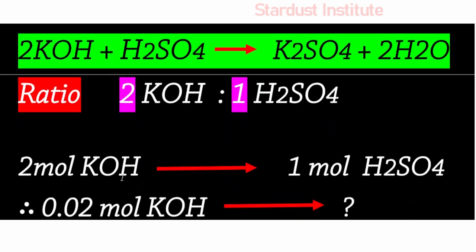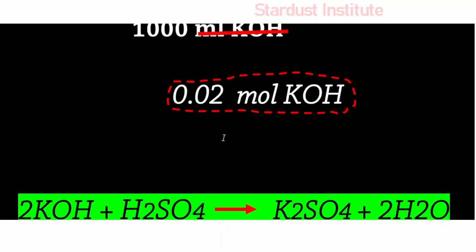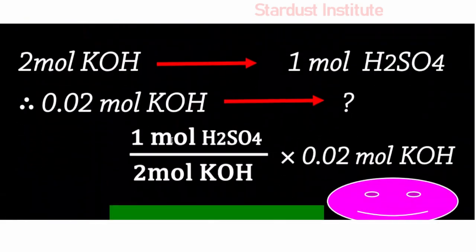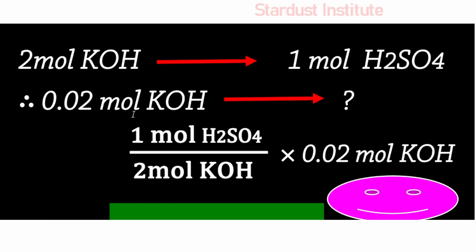To react with 2 moles of KOH, 1 mole of sulfuric acid is required. Then to react with 0.02 moles of KOH, how many moles of sulfuric acid are required? We can find the answer in this way.